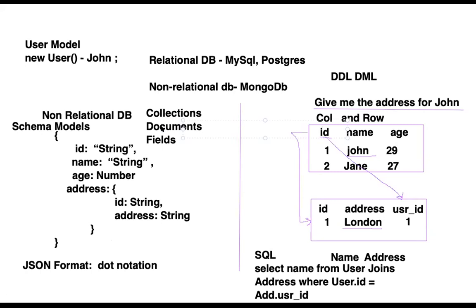Okay, that will come as a document. So if we want to access something from that document, we can access it with dot notation. So if I have to access something like give me the address for John, I can just go ahead, access the instance of John and say dot address, and it will fetch me the address of John. Make sense?